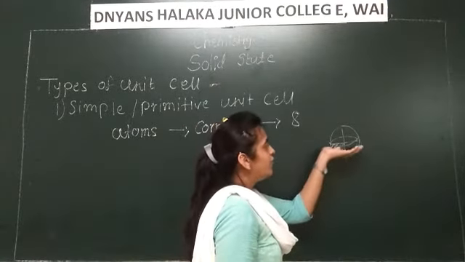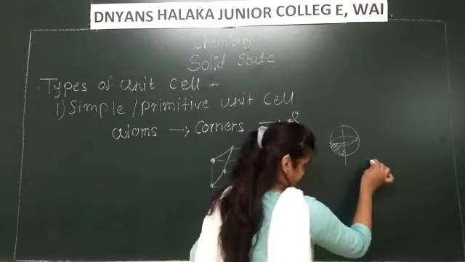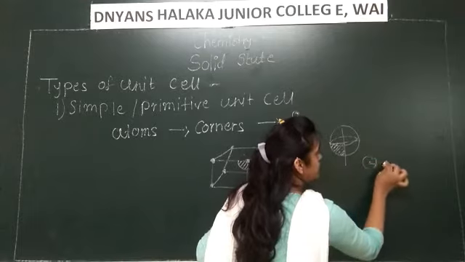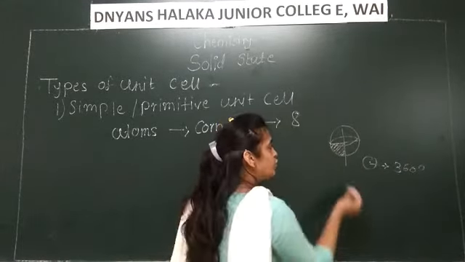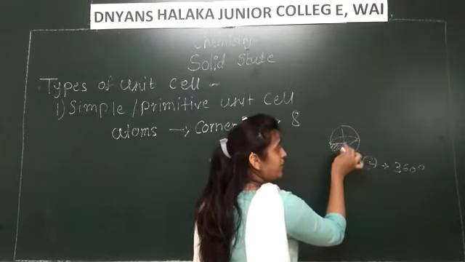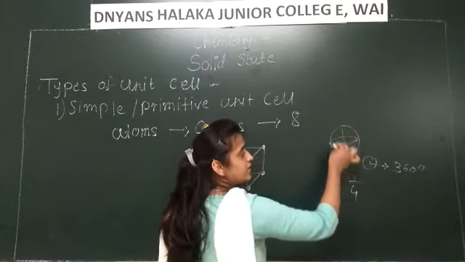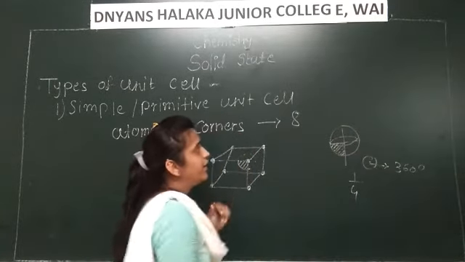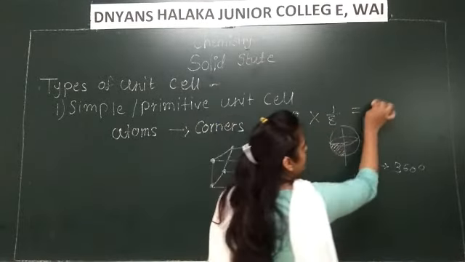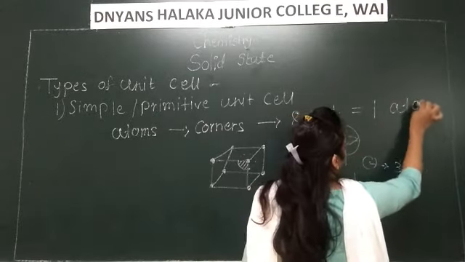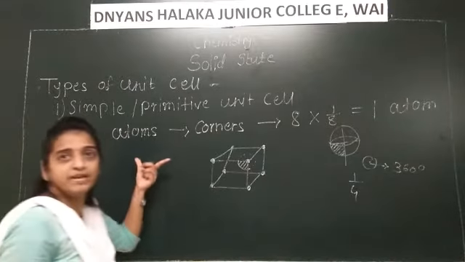Each corner contributes 1/8 of the sphere, so 8 into 1/8 is equal to only one atom or only one particle participating in the simple primitive unit cell.